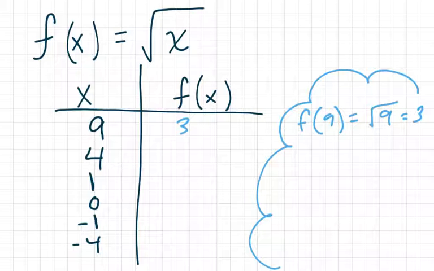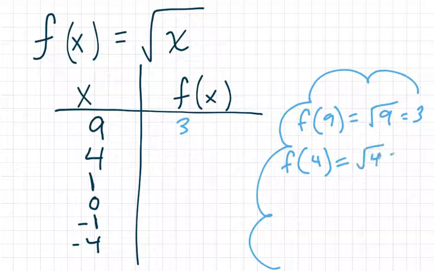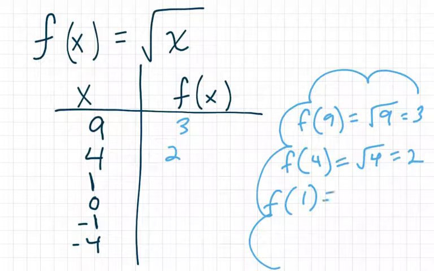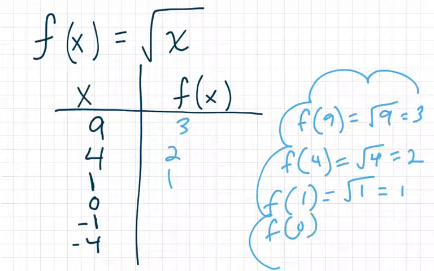Then we're going to evaluate the function at x equals 4, which gives us the square root of 4, which is equal to 2. Then f of 1 is equal to the square root of 1, which is 1. f of 0 equals the square root of 0, which equals 0.